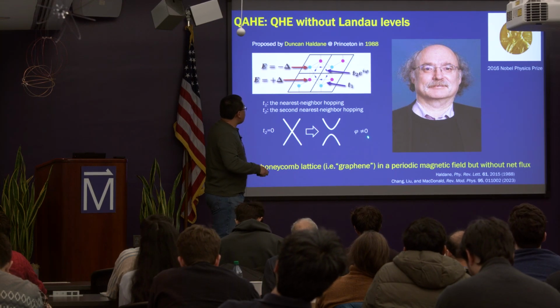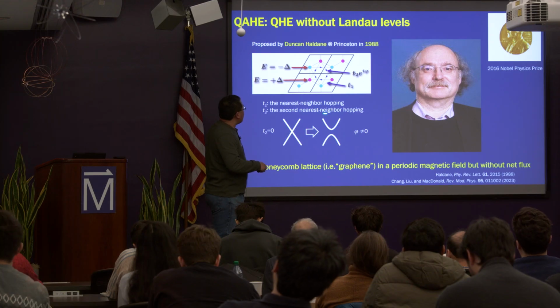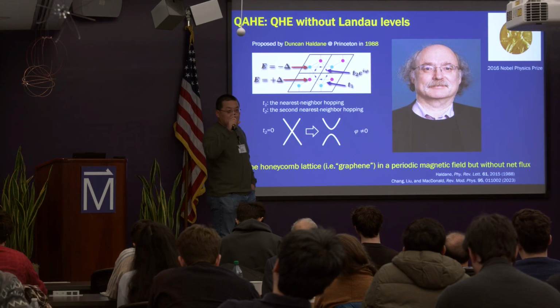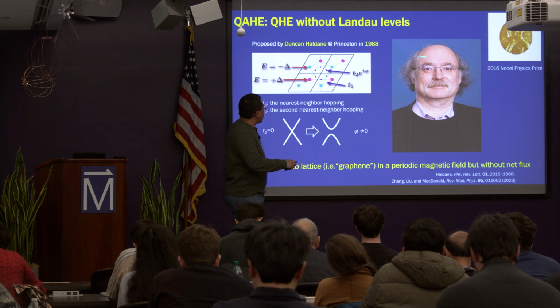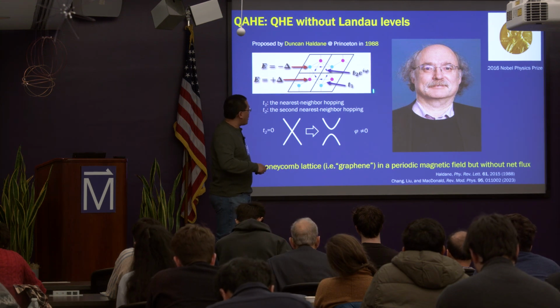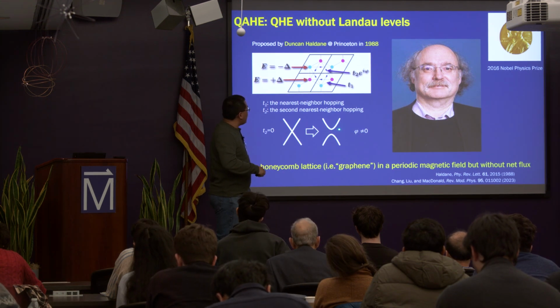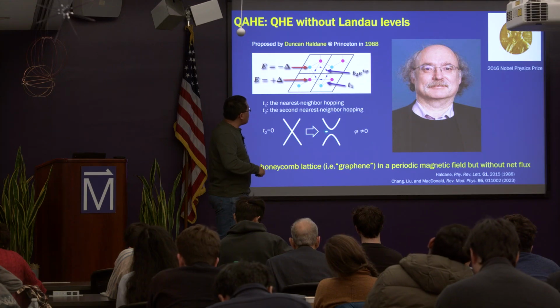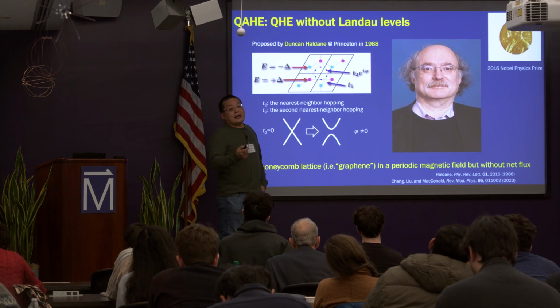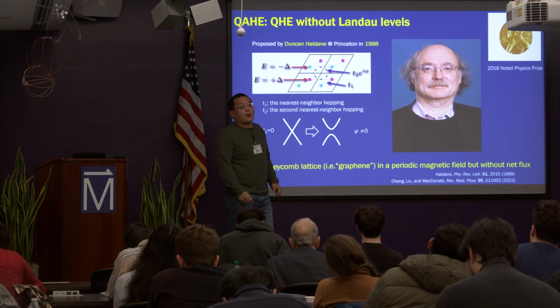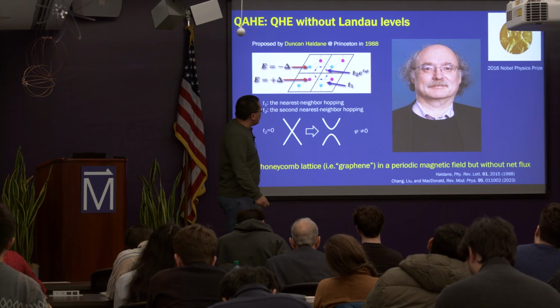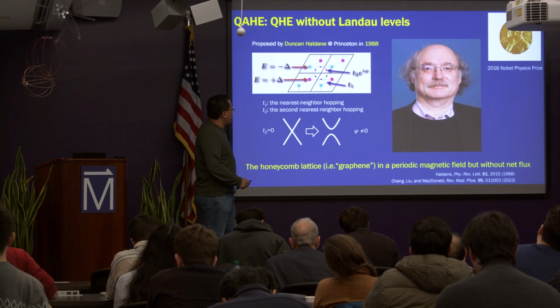And if we consider the phase of the second nearest neighbor hopping, a gap will open at the Dirac point. Haldane's model is a toy model, but if we could tune the chemical potential into this small gap, in principle, theoretically, we could realize the quantum Hall effect without the need for an external magnetic field.